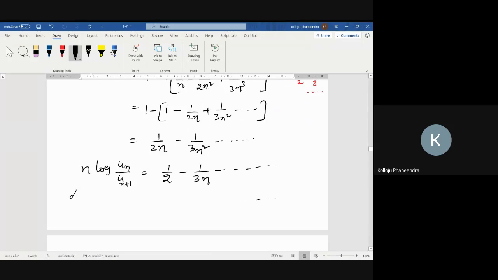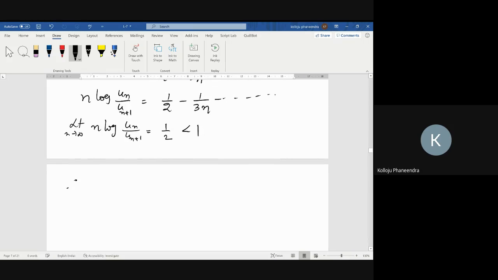Now apply the limit as n tends to infinity. n into log un by un plus 1 is equal to just 1 by 2, with every remaining value 0. 1 by 2 is less than 1. Therefore, by using the logarithmic test, sigma un is divergent.